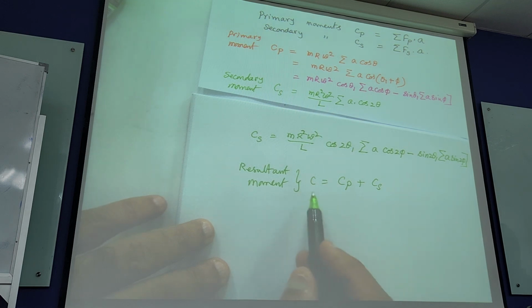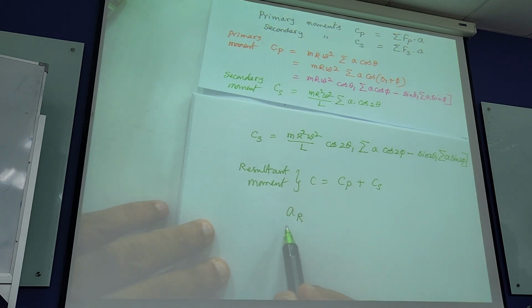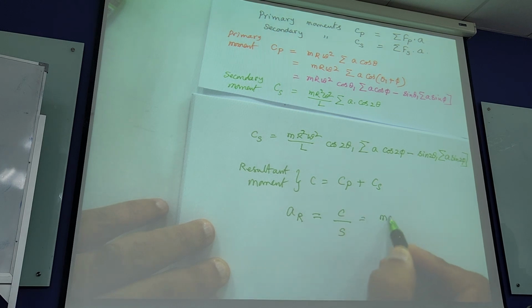If you know the resultant moment and the resultant force, the shaking force, you can write the distance from the cylinder to the shaking force as C over S, the resultant moment over the shaking force.